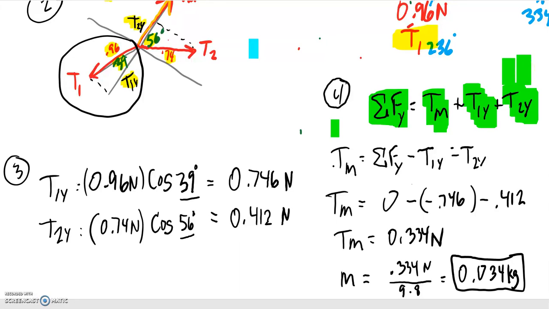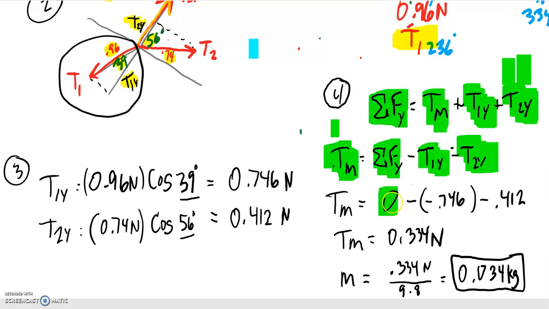So those all add up to be the sum of the forces on the y-axis, and I'm going to solve for Tm here, rearrange these symbols to solve for Tm. Tm must equal the sum of all the forces minus the y component of T1 minus the y component of T2. I know that the sum of the forces is 0 because it's an equilibrium.